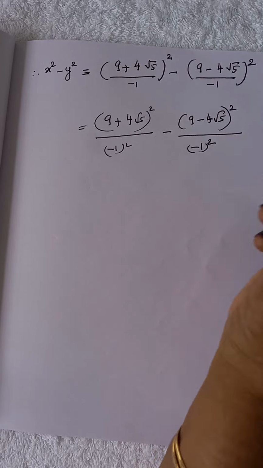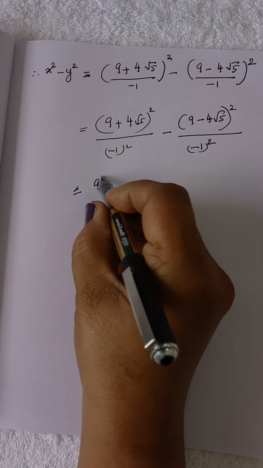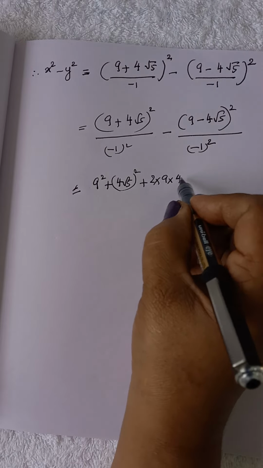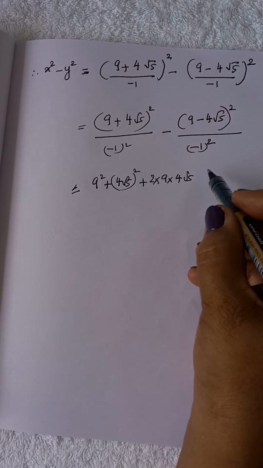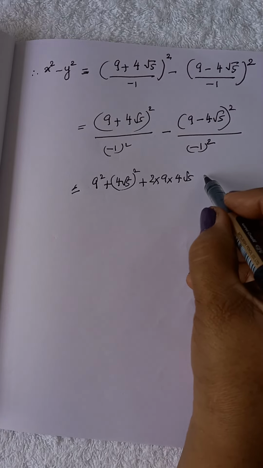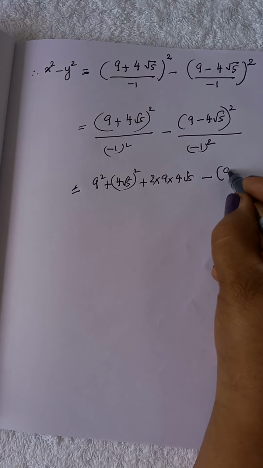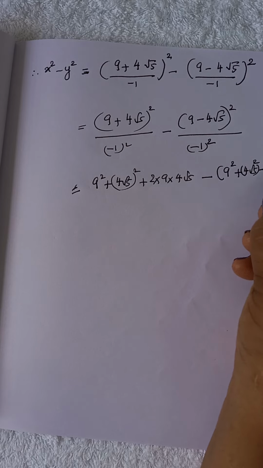That is equal to, this is a plus b whole square form. So 9 square plus 4 root 5 square plus 2 into 9 into 4 root 5. Then minus 1 square is plus 1. Minus into minus, that is plus. So now minus of 9 square plus 4 root 5 square minus 2 into 9 into 4 root 5.